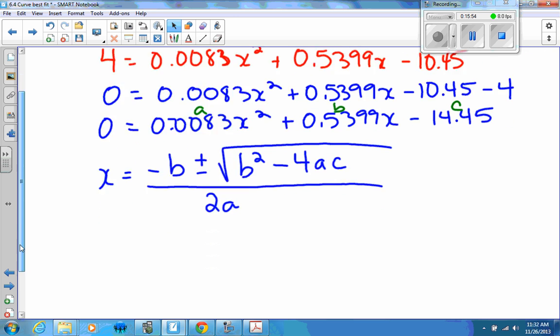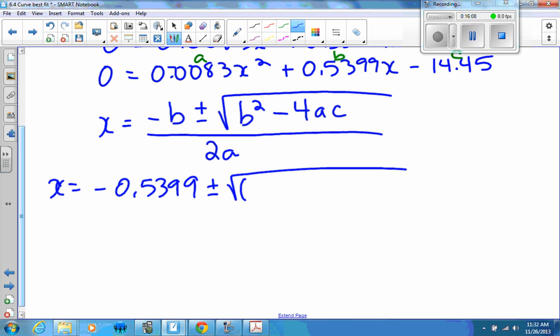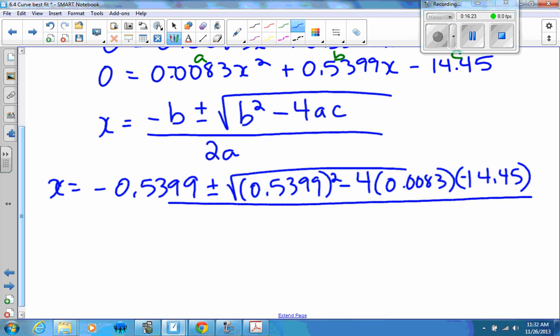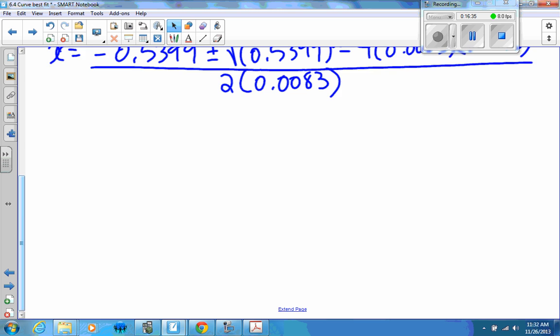So when I plug this into the equation, it's going to look like x equals negative 0.5399 plus or minus the square root of 0.5399 squared minus 4 times 0.0083 times negative 14.45, all divided by 2 times 0.0083. So I'm not going to show you how to type most of this into the calculator. You should know by now.